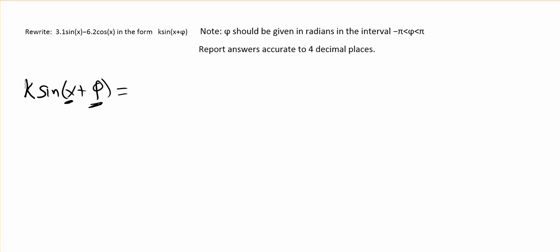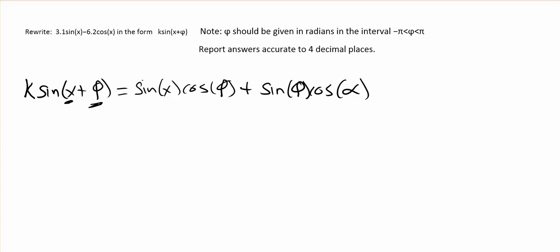So with the sine expansion, it's sine alpha cosine phi plus sine phi cosine alpha. Cosine alpha in this case is x. So here's our alpha and here's our beta.